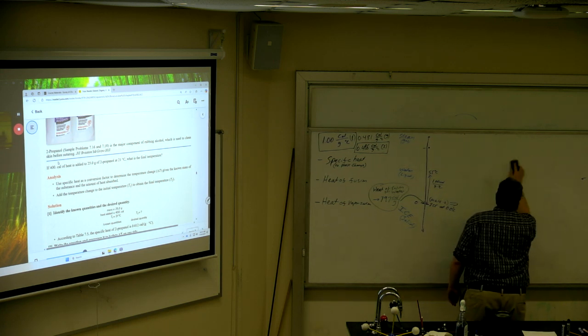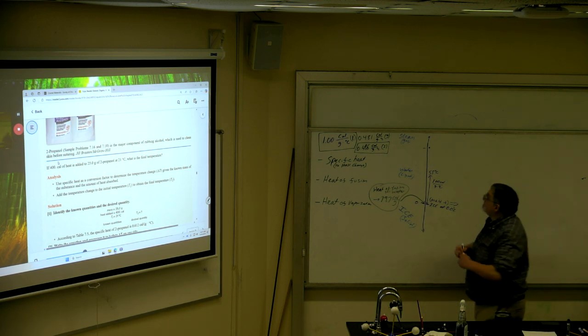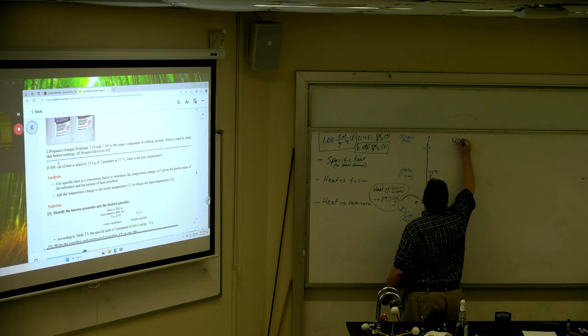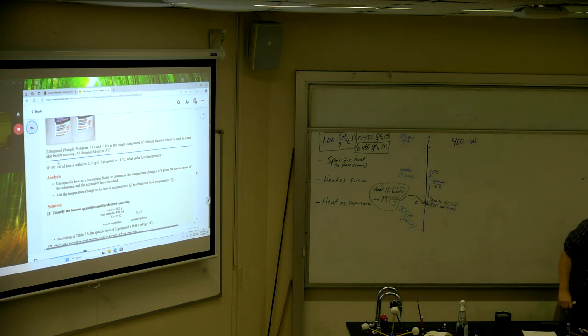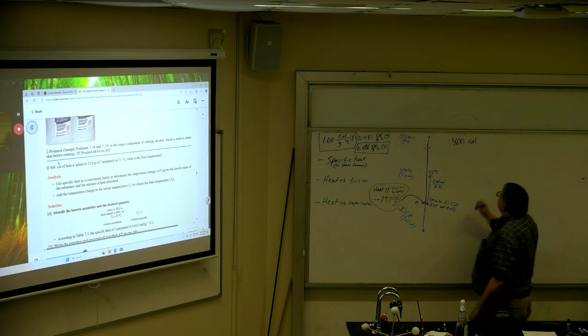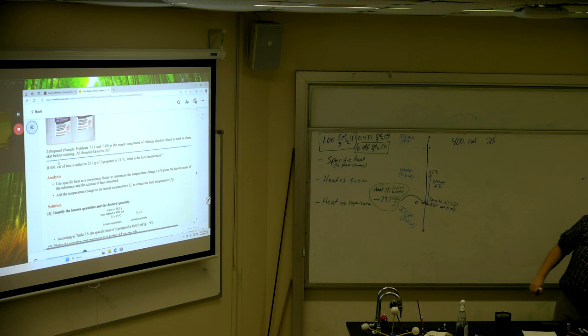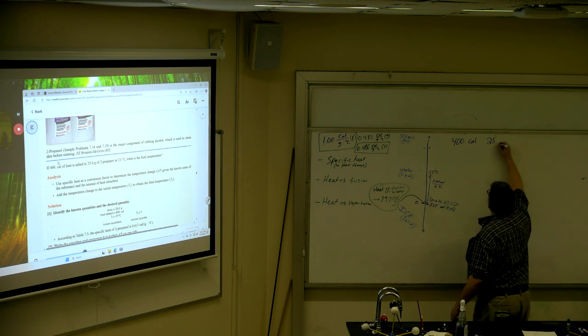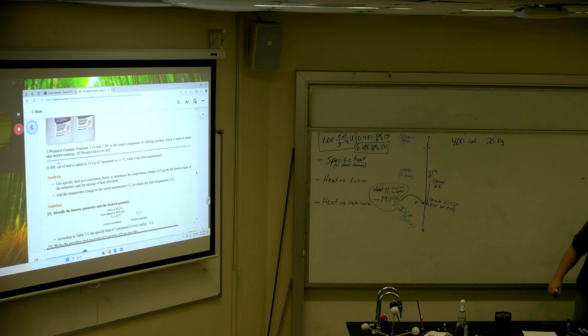So in this problem, you're being told it takes 400 calories added to 25 grams, 5.0. This is 2-propanol.